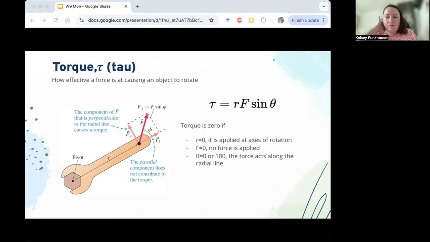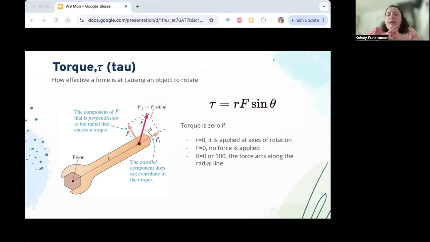It does not cause it to rotate. If all of the force is applied perpendicular, that is going to cause a bigger torque than, for example, if the force is at an angle, so that only a portion of it is perpendicular.